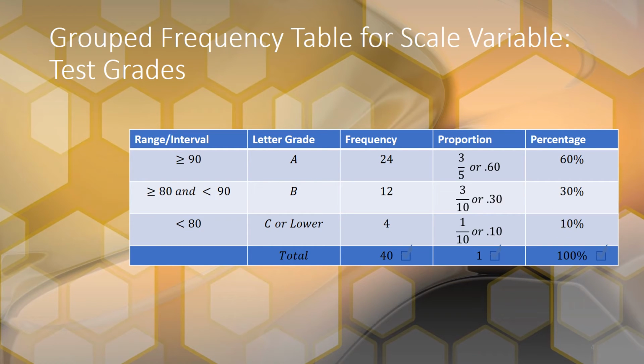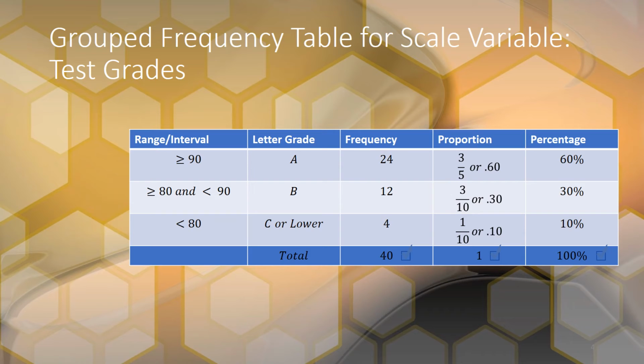So here's our group frequency table. As I said, 24 people got an A, 12 people got a B, and 4 people got a C or lower. Again, we can find the proportion by taking the number divided by how many there are, and I reduced the fractions already for you.